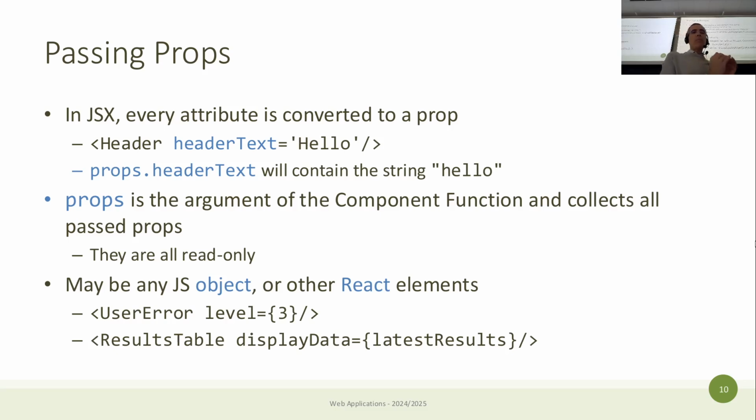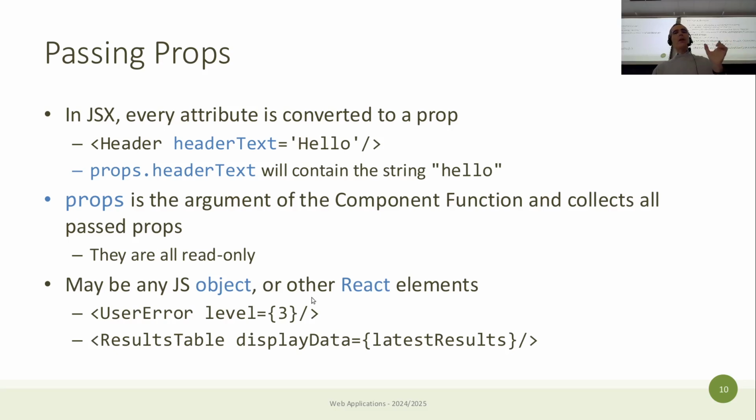Okay, good. So in React, you pass props, and we saw last time, you saw in the lab how to pass props. They are attributes. They can be any value. You can take these values through the props argument of the function that defines the component, in the form of properties of the props object.